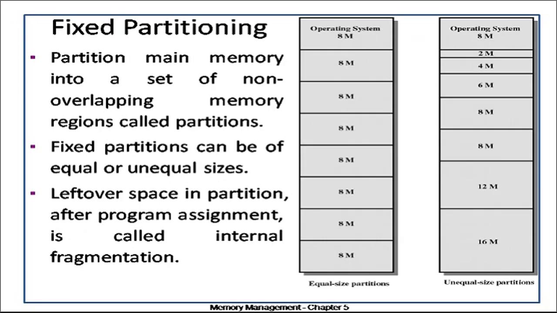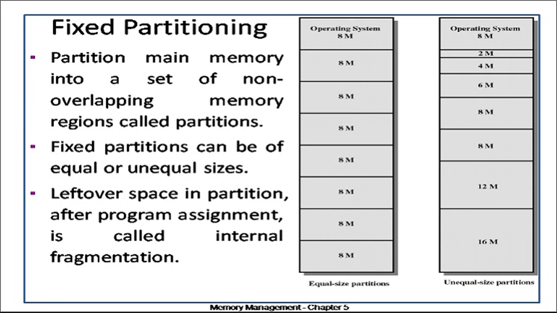Fixed partitioning. One of the simplest methods for allocating memory is to divide the memory into several fixed size partitions. Each partition may contain exactly one process. Thus, the degree of multiprogramming is bound by the number of partitions.